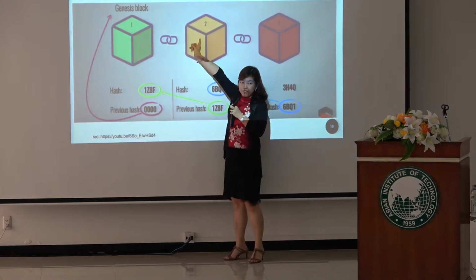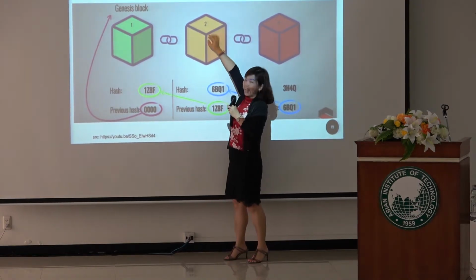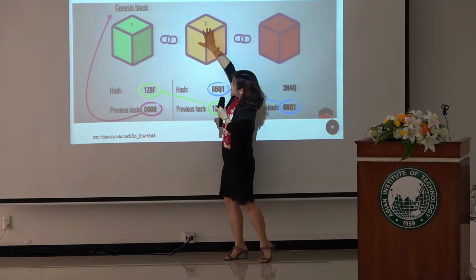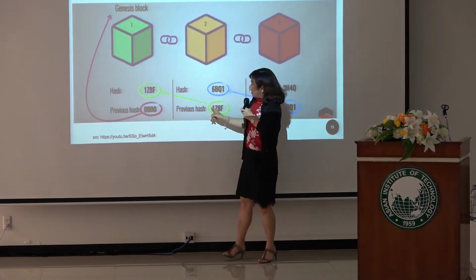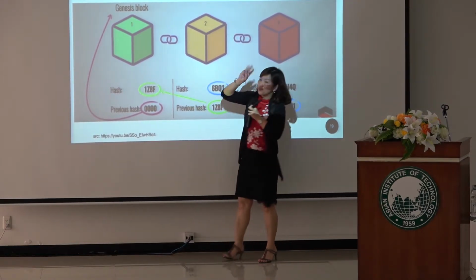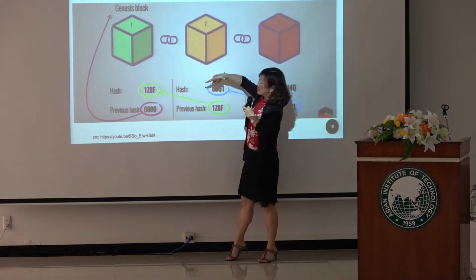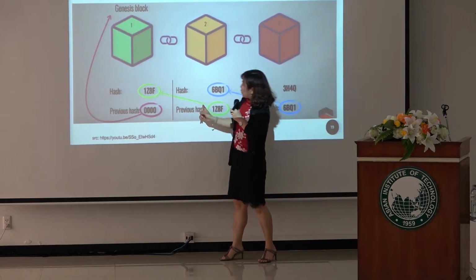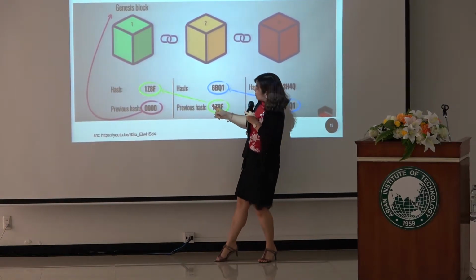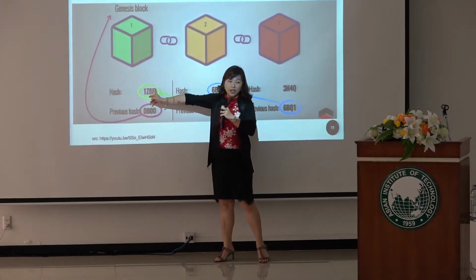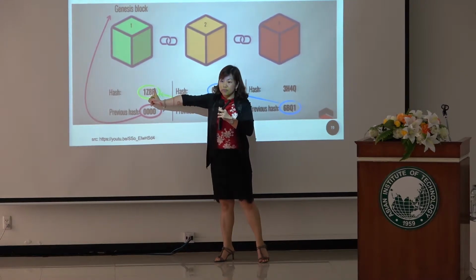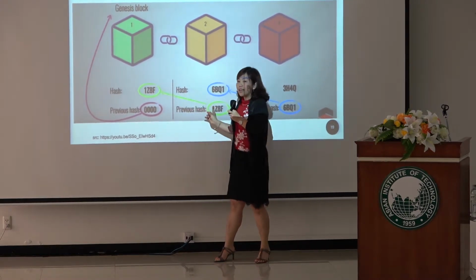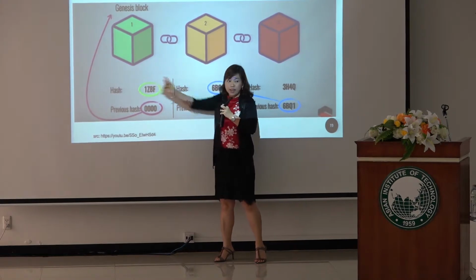The second block, of course, has data inside, and this second block has three components, right? The data, the hash, and the hash of the previous block. So the previous hash should be linking to the hash of the previous block. This is the way that we chain blocks together.